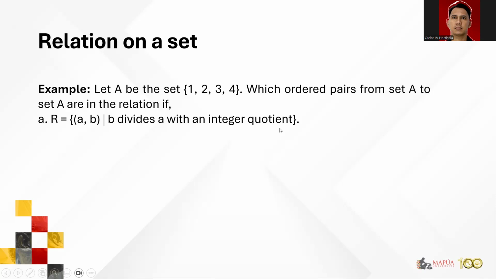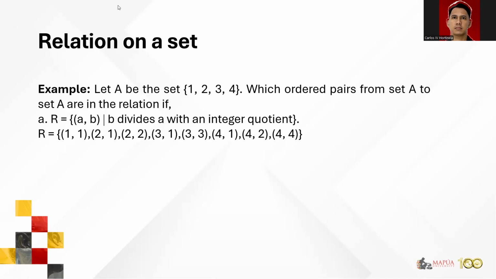So this means if I divide A by B, I end up with an integer quotient, similar to the form A over B. So what possible ordered pairs can we have?